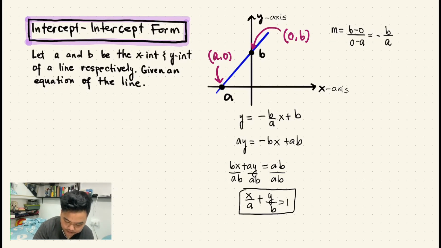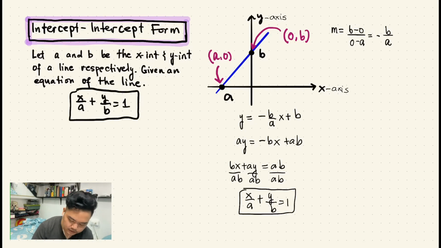So, it's x over a plus y over b equal to 1. Yan yung sagot sa tanong, as long as a and b are not 0. Kasi kapag 0 yung intercept, hindi mo magagamit yan. Gamit ka ng ibang equation ng line kapag 0 yung intercept. Kapag 0 yung intercept mo, dumadaan ka sa origin nun.